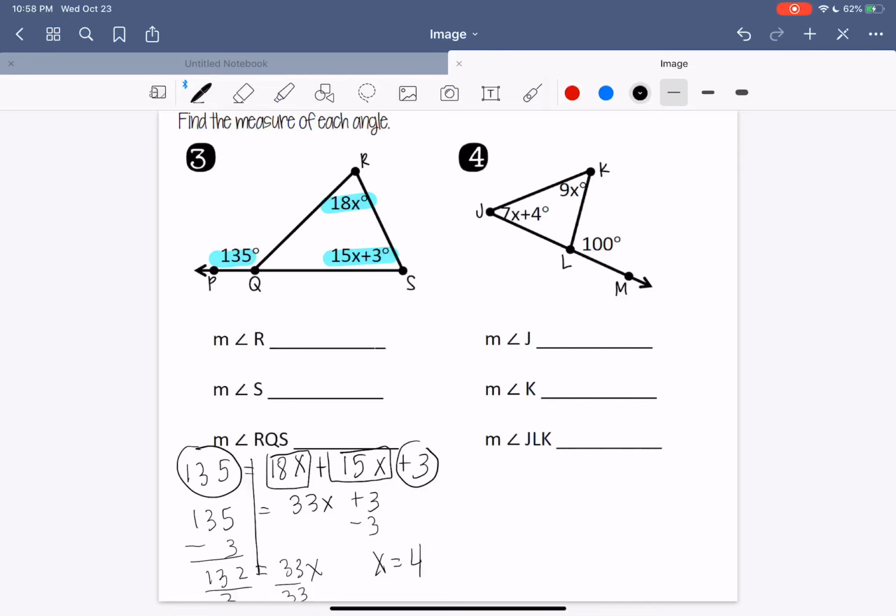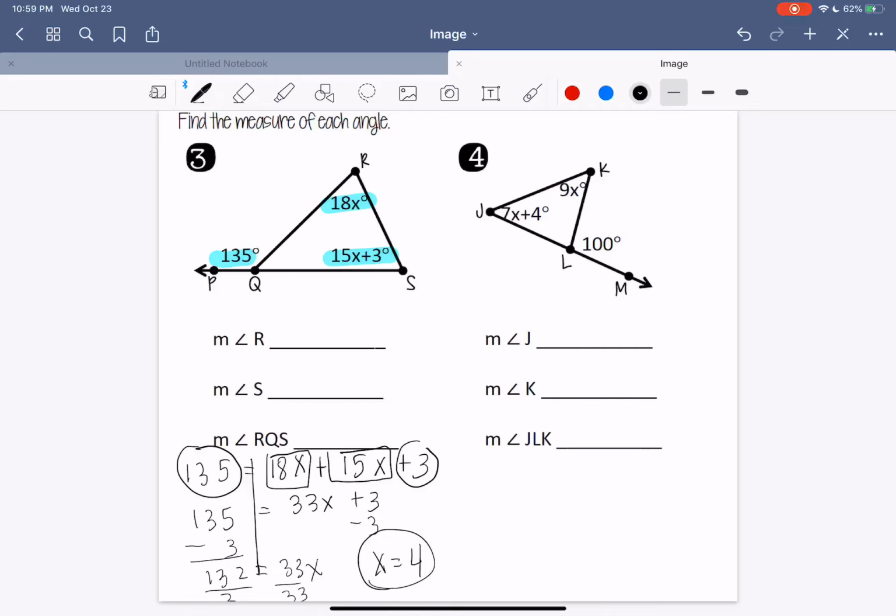Okay, so now they're asking us for a couple of blanks, which represent the measure of angle R, the measure of angle S, and the measure of RQS. So which one are they asking for? The measure of RQS, the middle, remember that's what they're hiding.